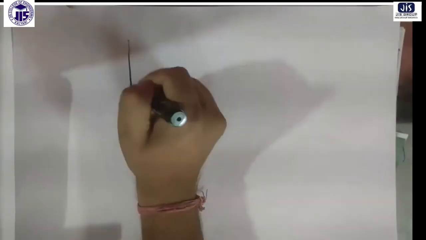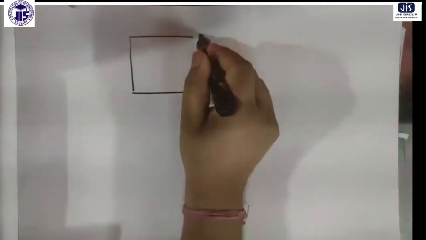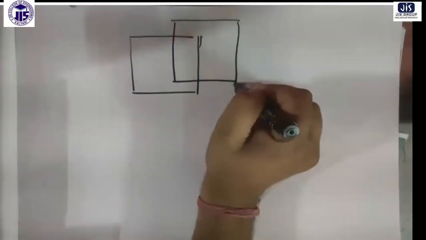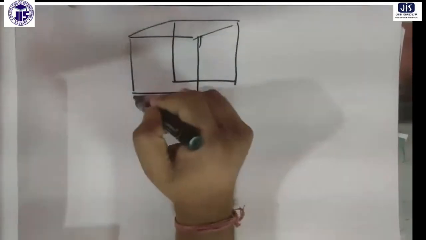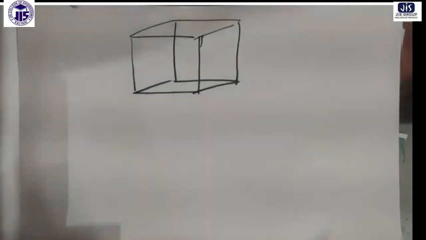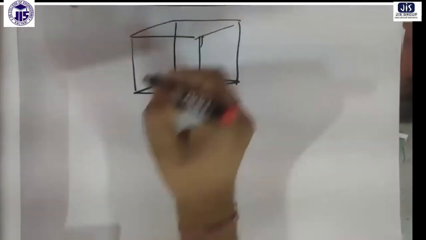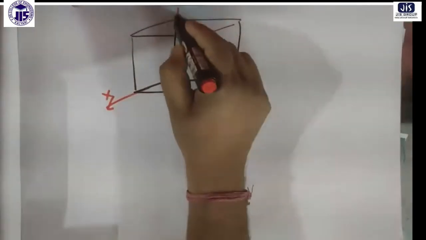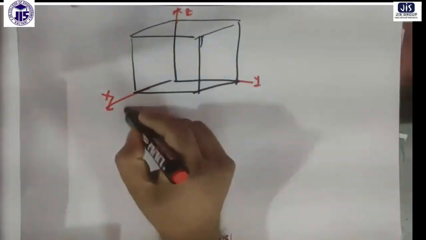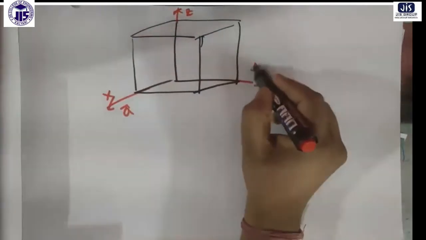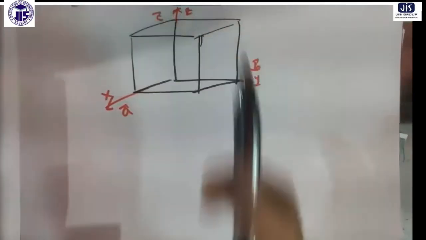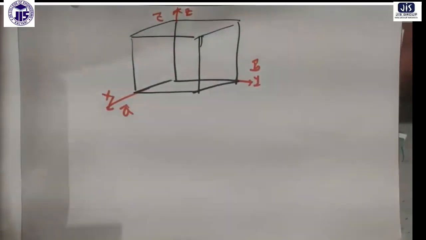Suppose again this is my crystallographic unit cell, and this is again the x, y, and z three axes. Three vectors are there. And now I want to define the plane.